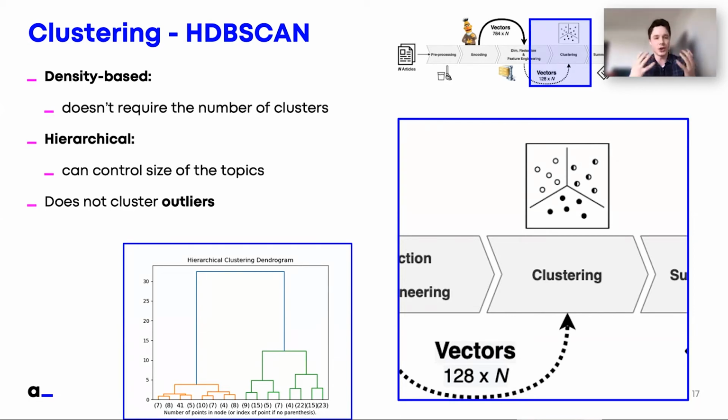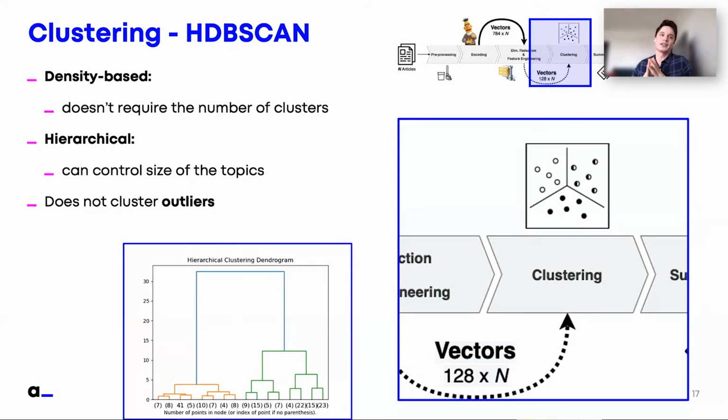So in order to get the topics out of it, we have to cluster these vectors. And for that, we use HDBSCAN, which is a hierarchical and density-based algorithm. Density-based means that we don't need to know the number of topics beforehand. We let the algorithm figure it out by itself.